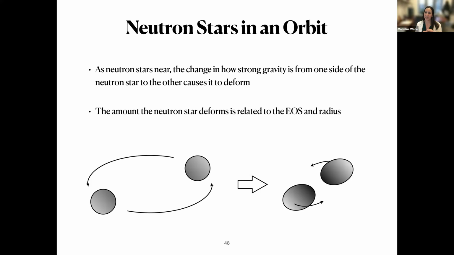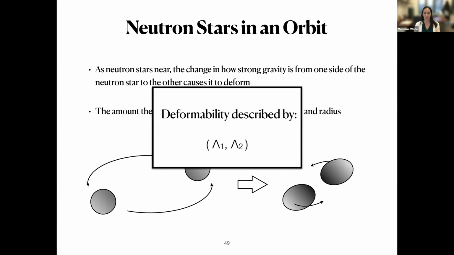And it turns out that gravitational waves encode information about how deformed these neutron stars get as they orbit each other. The deformability is described by two parameters, lambda1 and lambda2. They'll come up in a few slides, so I'm putting them here. But these are generically the parameters that tell you, for star 1 and star 2, how much did they deform as they were orbiting each other.